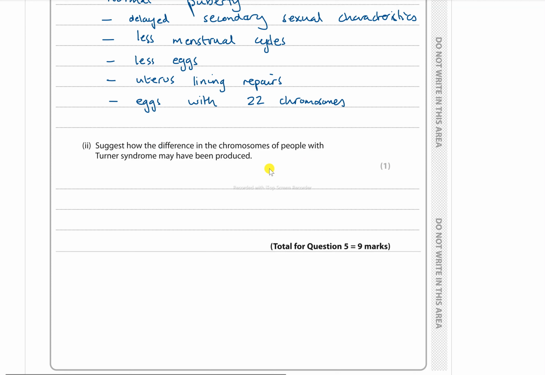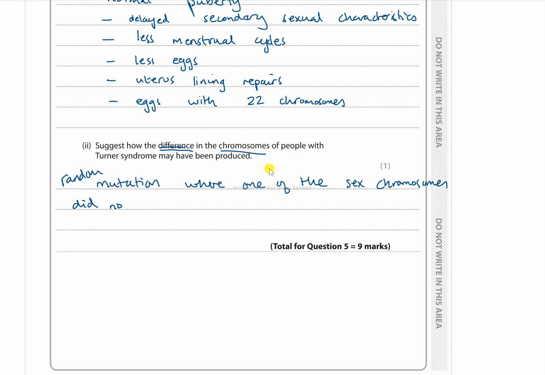Normally, if there's a difference in chromosomes, it's normally to do with random mutation, where one of the sex chromosomes did not replicate properly. Correctly. Right.